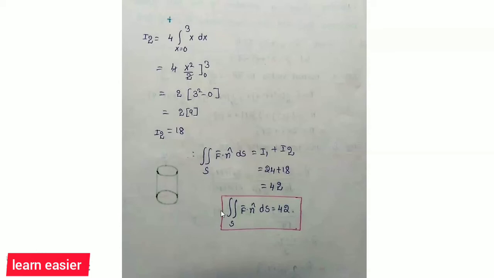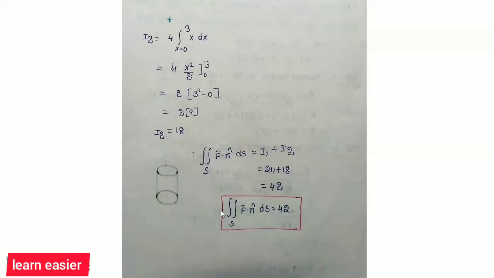It can be much easier if we consider the projection of surfaces on the xz plane. So follow the same steps. Step 1 is the normal vector, the second step is finding the unit normal vector, the step 3 is f bar dot n cap, and the fourth step is ds.